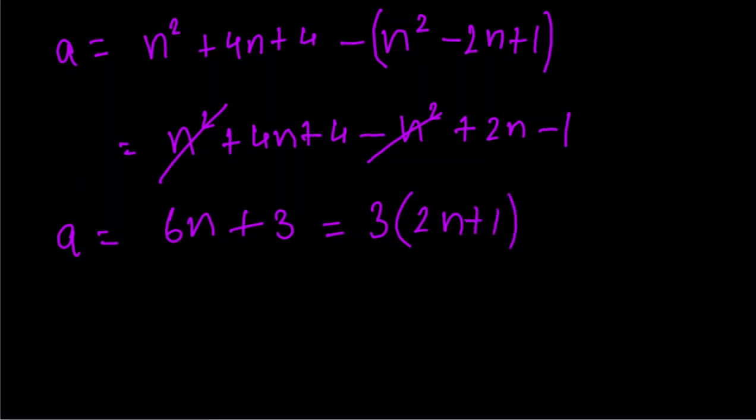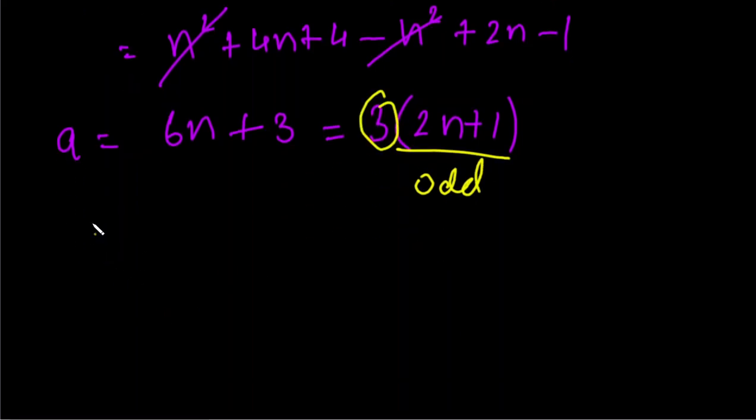And we've already seen that 2n plus 1 is odd, and 3 times an odd number is just an odd number again. So a is just an odd number, and we already know that odd numbers cannot exist in our solution set.